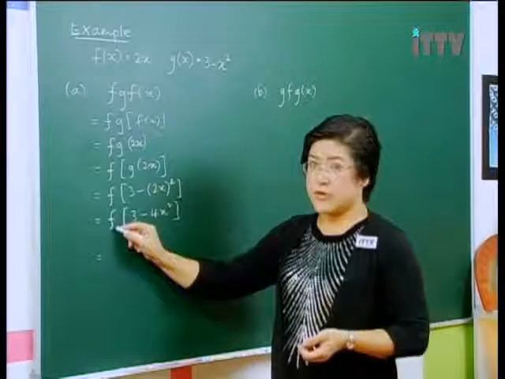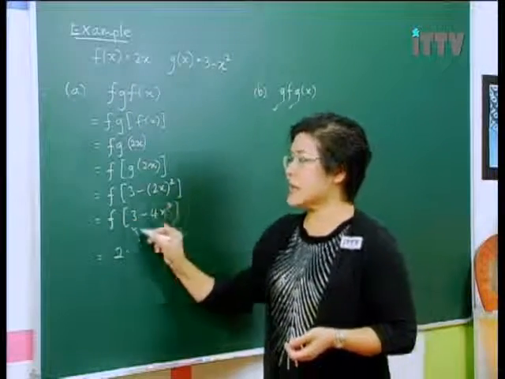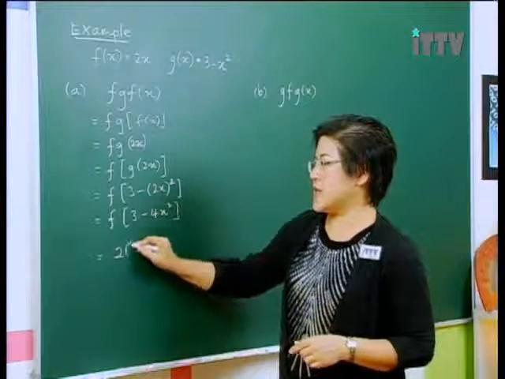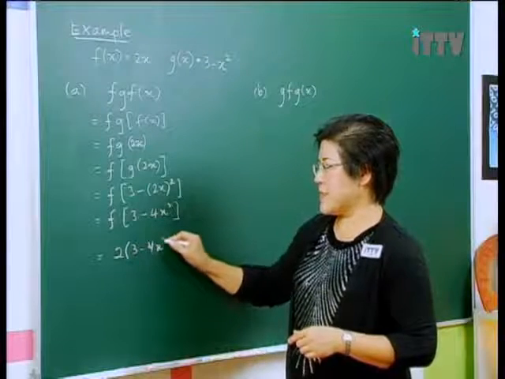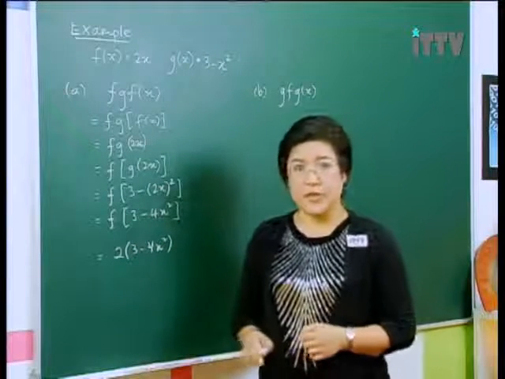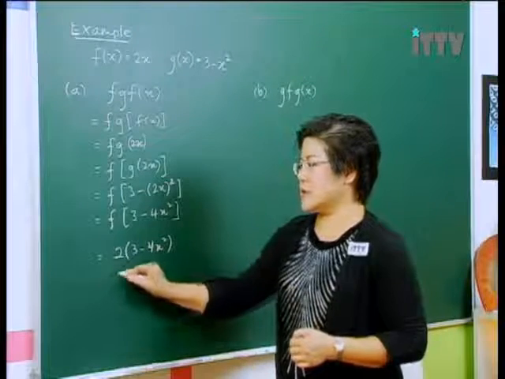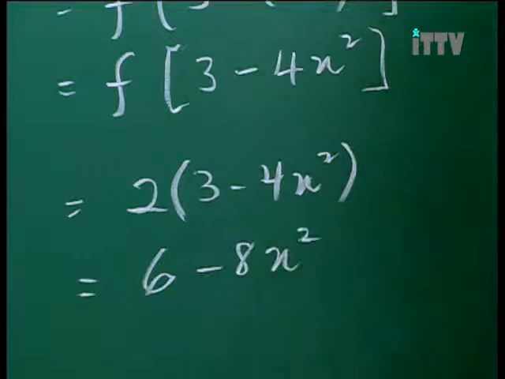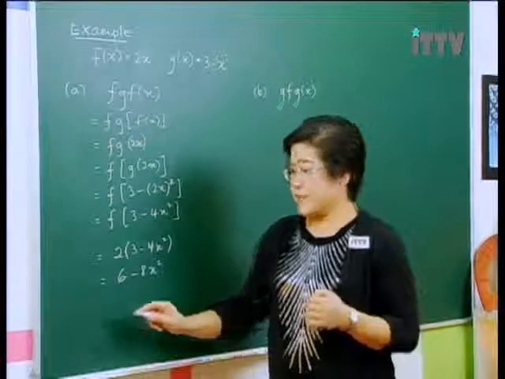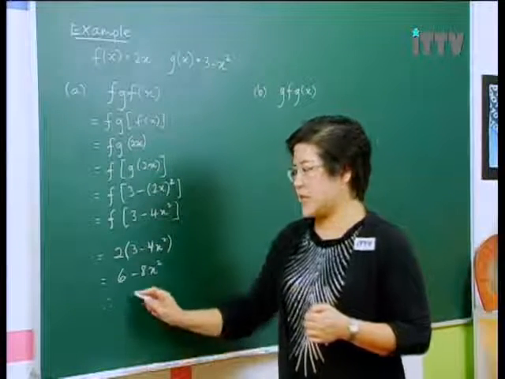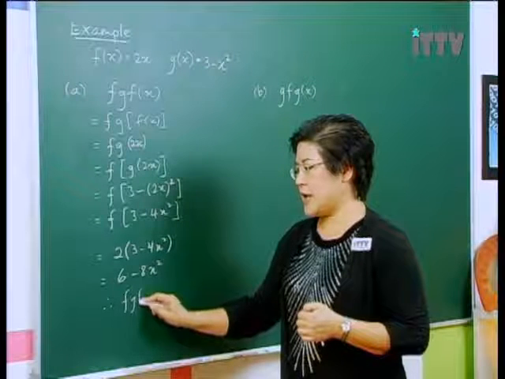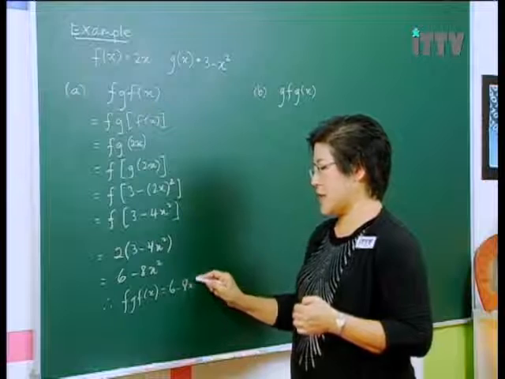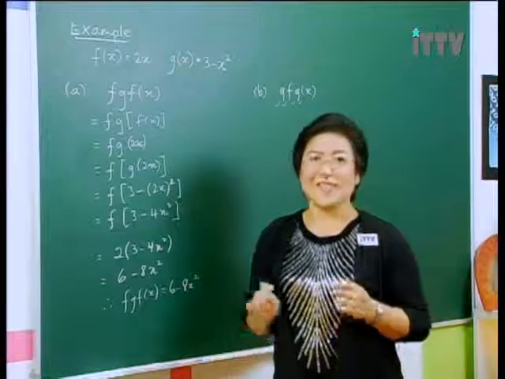Therefore, the function f will change this entire thing into 2 times itself, giving us 2 times (3 minus 4x squared). And so the final answer is 6 minus 8x squared. If we write it out as a conclusion, we can say that f(g(f(x))) is equal to 6 minus 8x squared. That's it for part A.